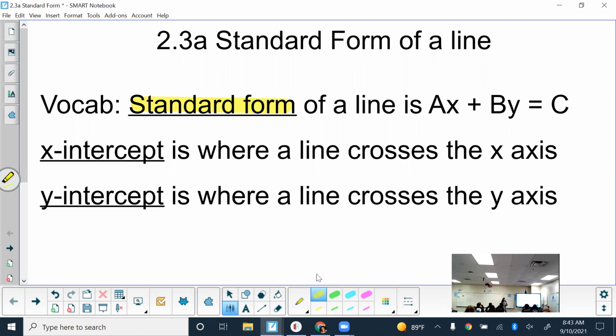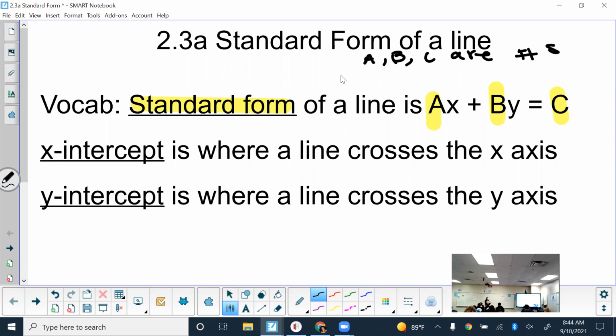But the only letters that get replaced with numbers are going to be A, B, and C. All right, X and Y will still be there, just like how they are in all the other forms we learned. That A, B, and C are all numbers.